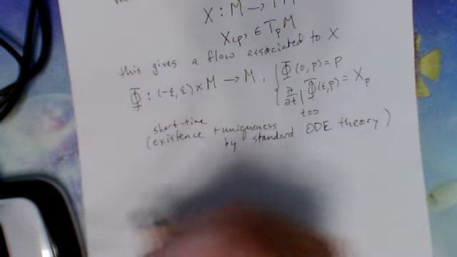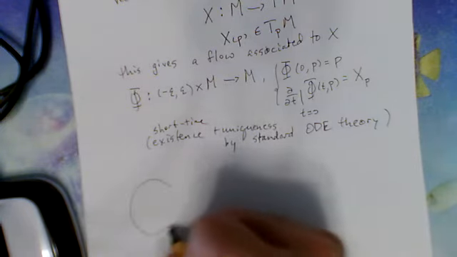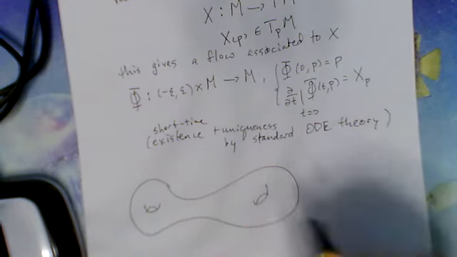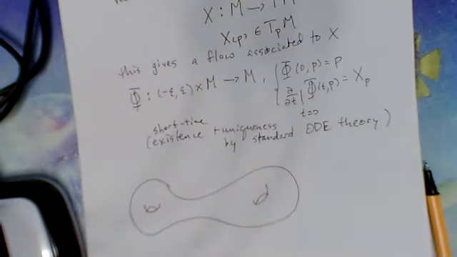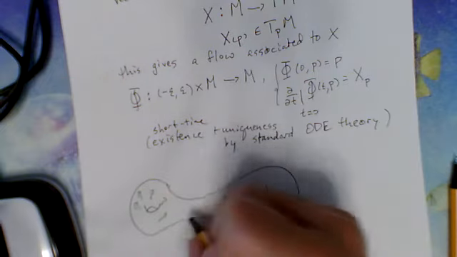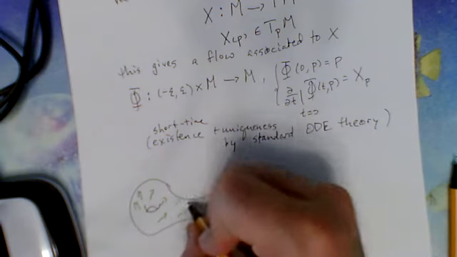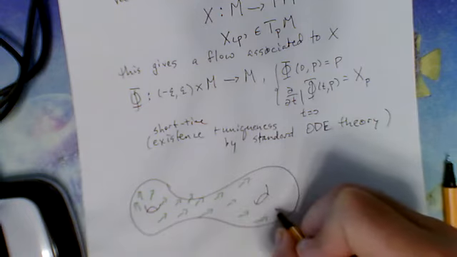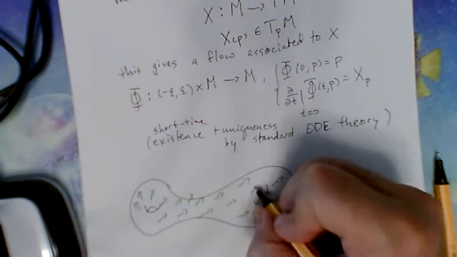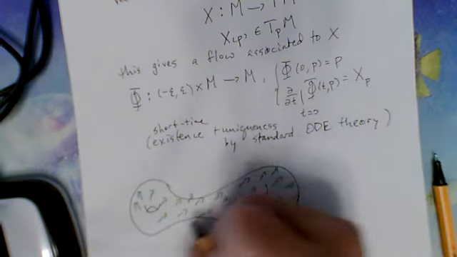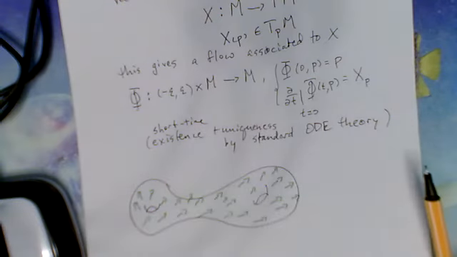So how should you think of that? Again, let's draw our manifold here. And I might imagine my vector field as giving me a bunch of vectors spread out all over my manifold.